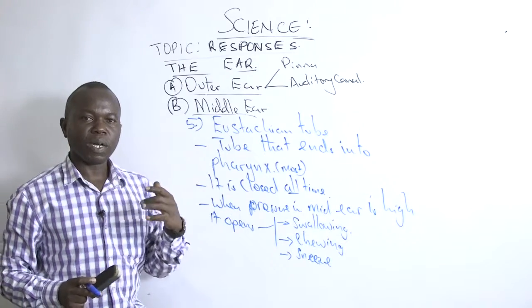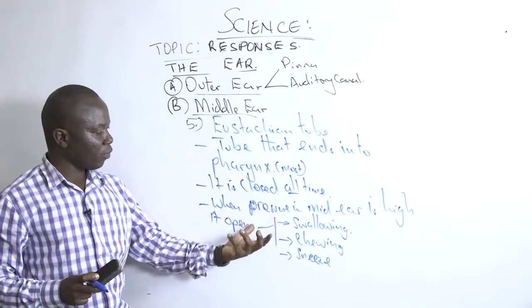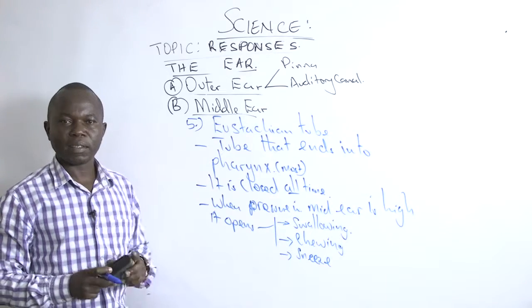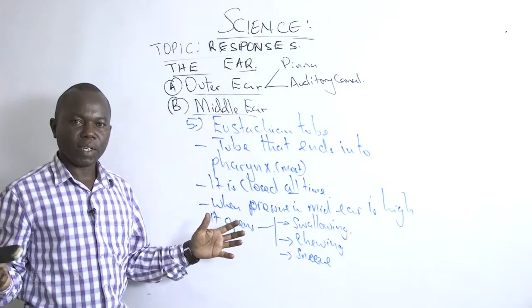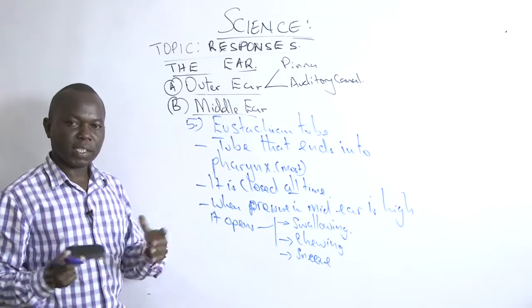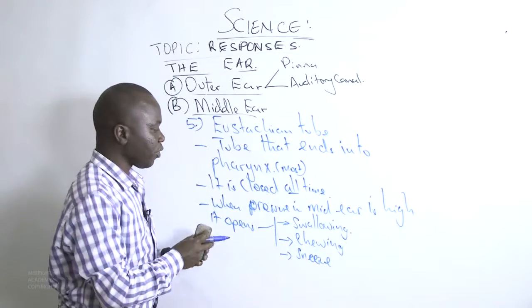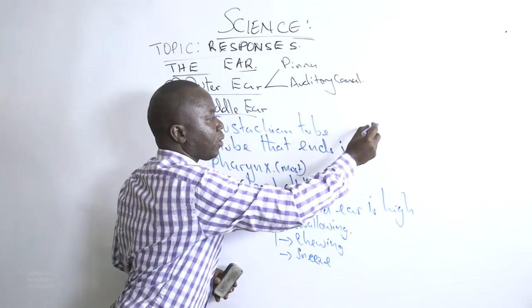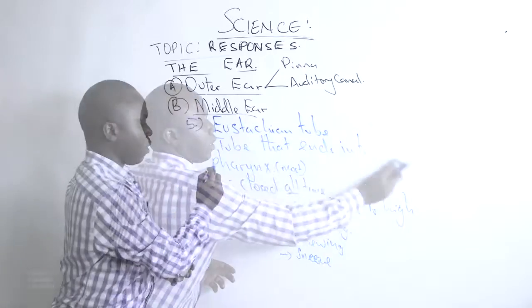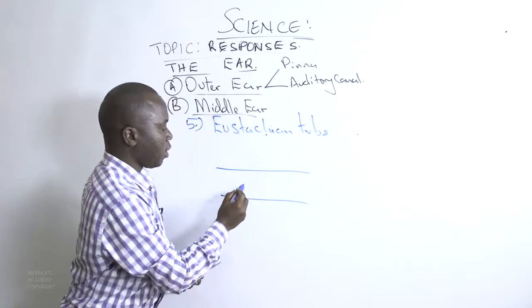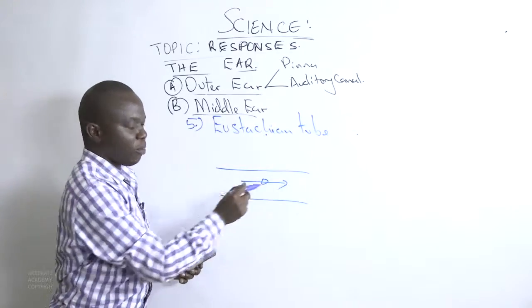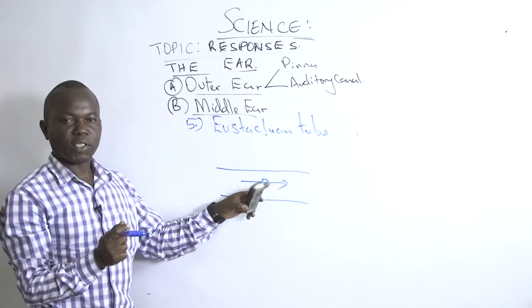Now, I want us to look at a practical example when you feel that the ear has a lot of pressure. Sometimes you are traveling, maybe in an open vehicle or just in a vehicle. Your body is moving at a high speed together with the vehicle, so this is the direction of movement. You are here. When you move in that direction, you are moving at the velocity of the vehicle.